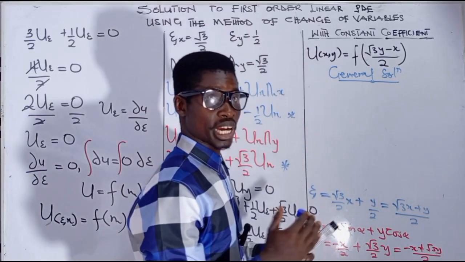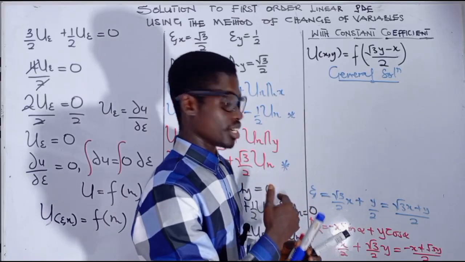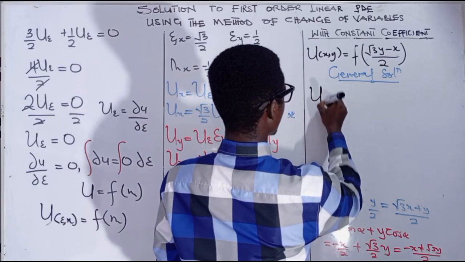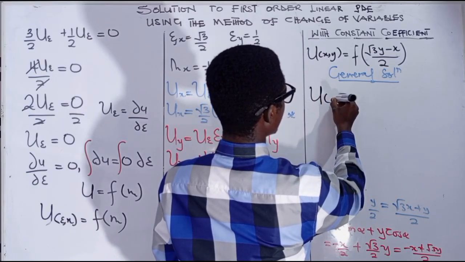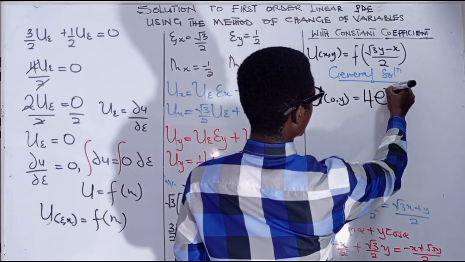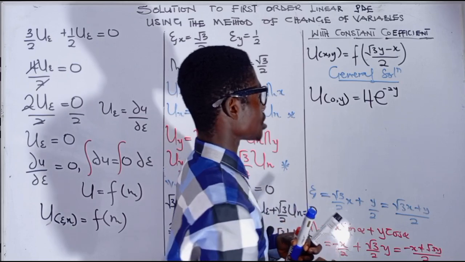So we realize that we were given an auxiliary condition, so we have to proceed to find the particular solution. So the initial condition that was given is what? So this is the auxiliary condition that was given.